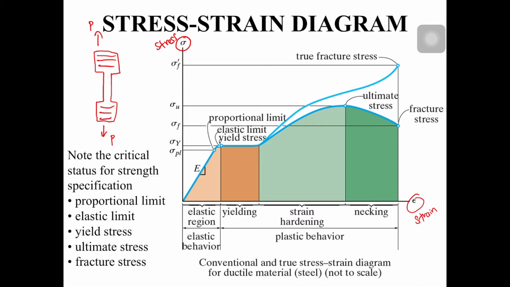At some point it will be a straight line. What do we mean by straight line? The stress and the strain are proportional. In here, stress is proportional with strain.